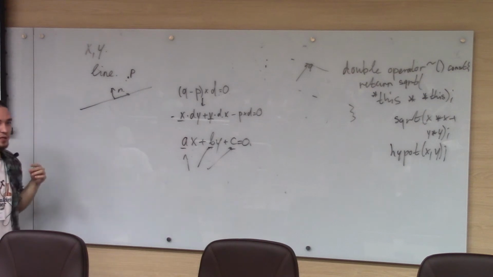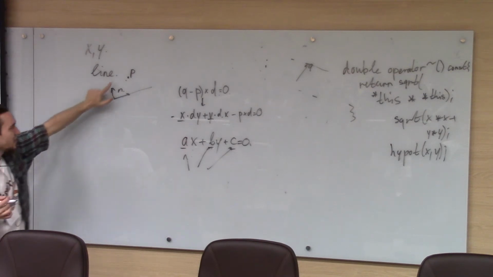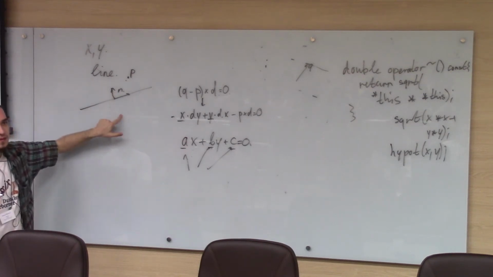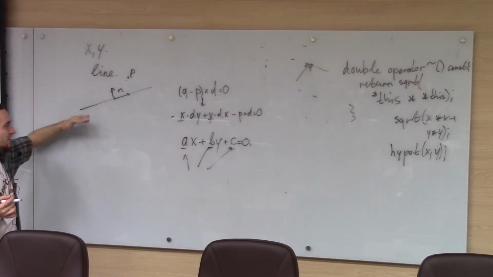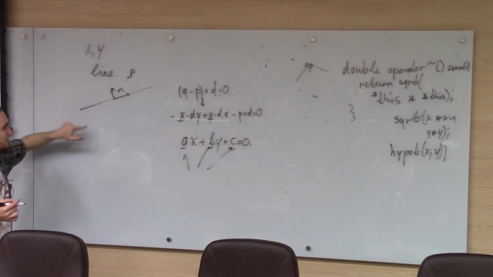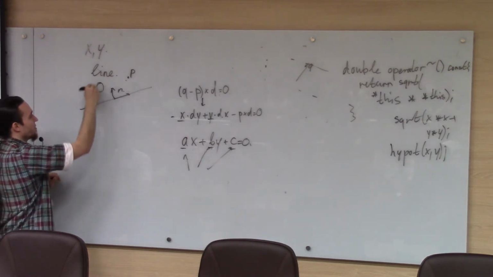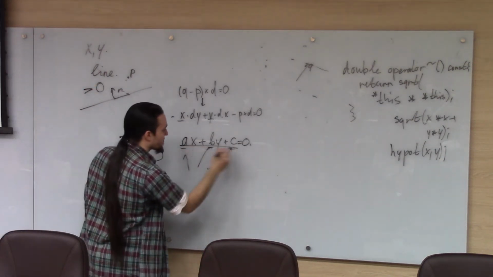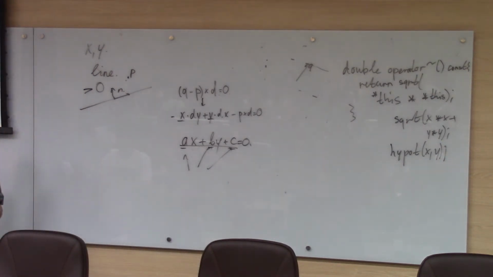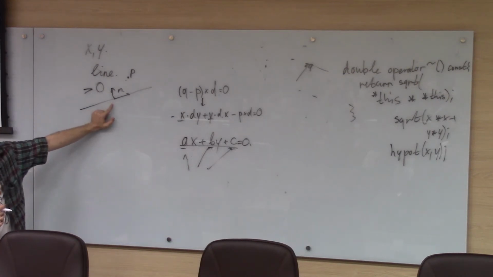How do we determine on which side of the line a point is? On one side of the line we have the points for which this expression is positive, and this is exactly the half plane where this normal vector is pointing to.